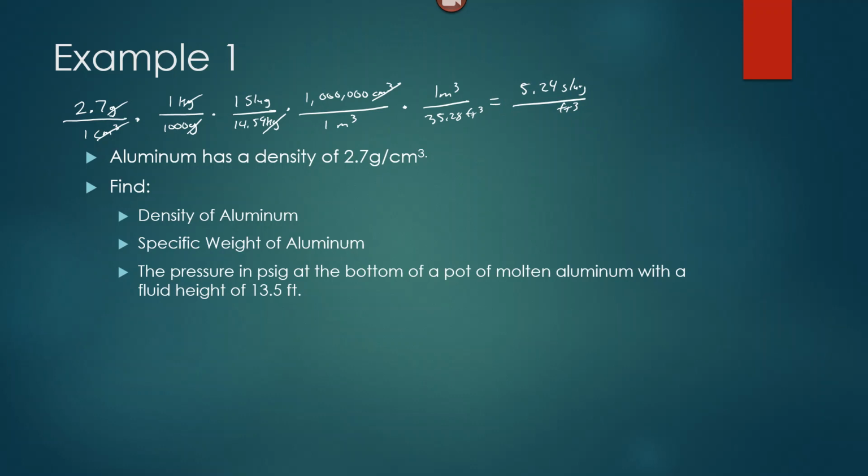We want to find the specific weight. So to get specific weight, we're going to times by 32.2 feet per second squared.